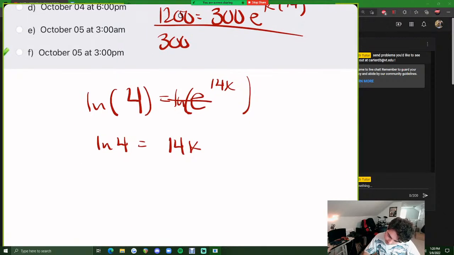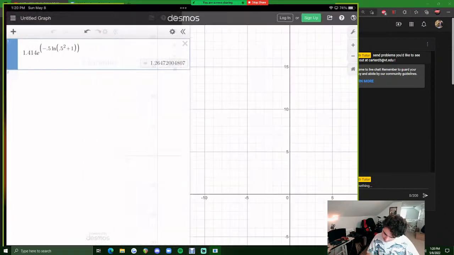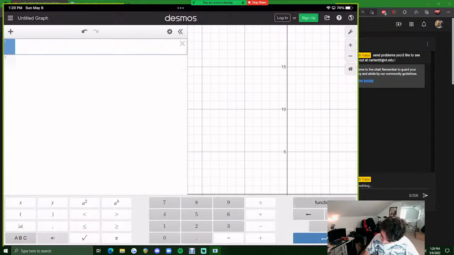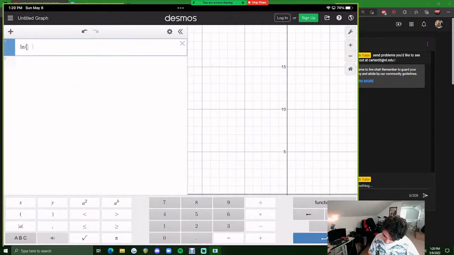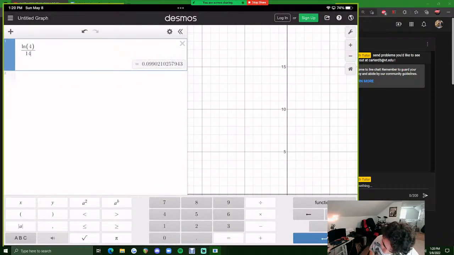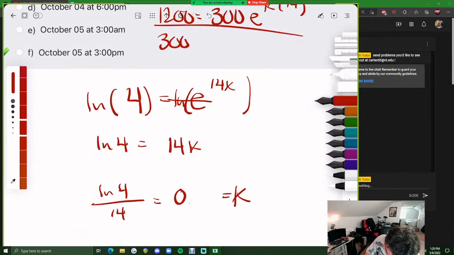We get k by itself by dividing by 14. Let's calculate this in Desmos: ln of 4 divided by 14, and we get 0.099.